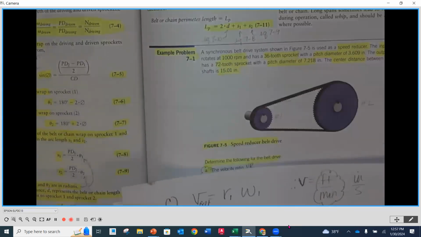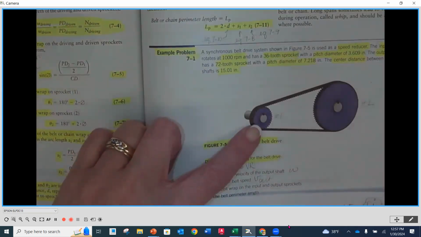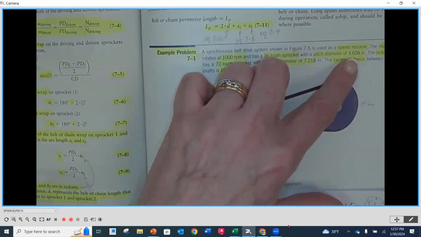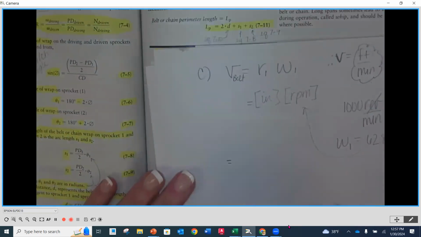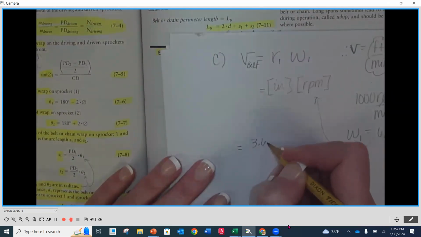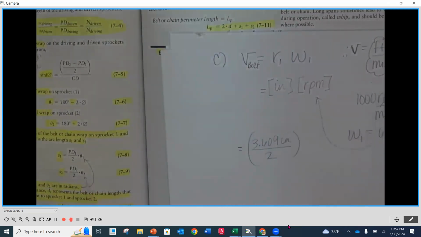So we have to use the radius on that very same rotation. The radius of that sprocket is going to be half of the 3.609. If the pitch diameter is 3.609, then our radius is equal to 3.609 inches divided by 2. That's radius number 1.